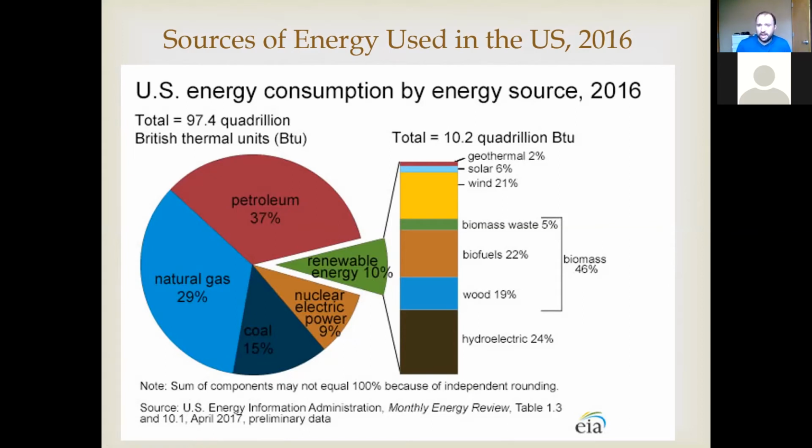Biofuels, some of it is purposefully harvested and grown vegetables that we can turn into oil or gas. And then wood is also lumped in there because wood is a form of biomass, because wood can be grown, harvested, used for energy, and then we can grow more wood.